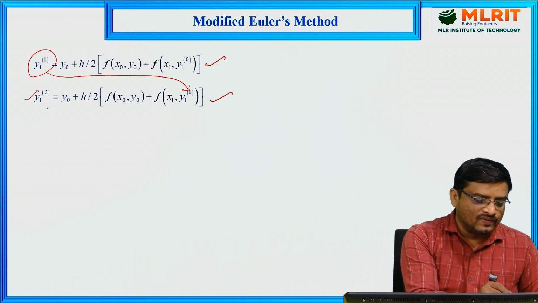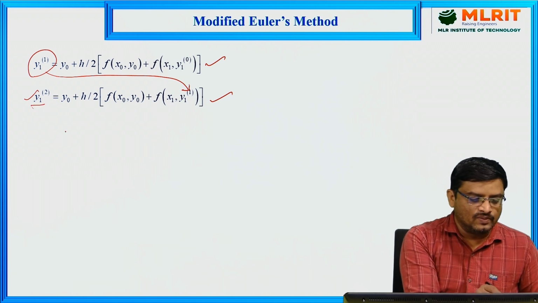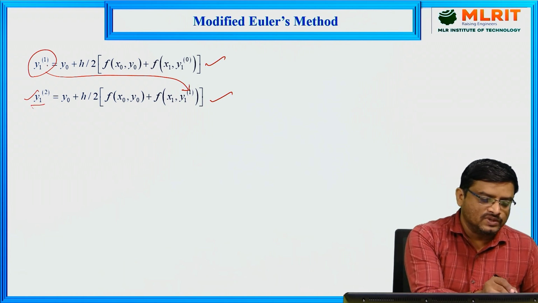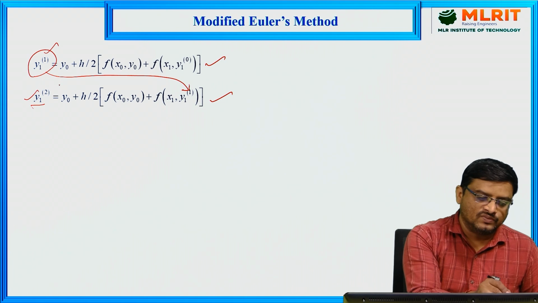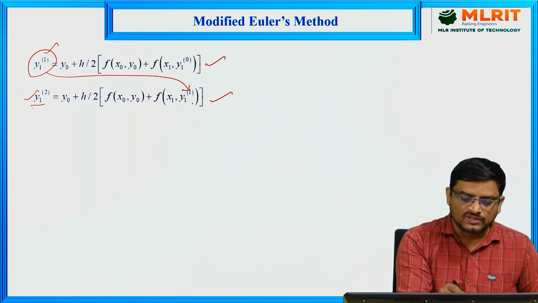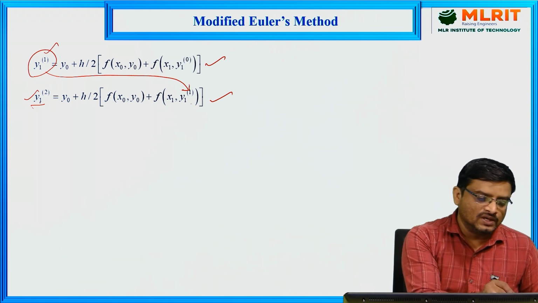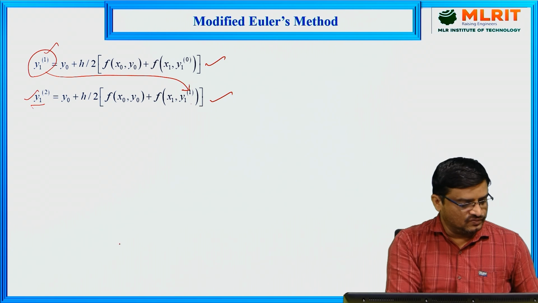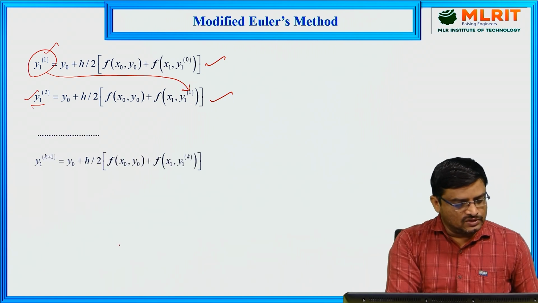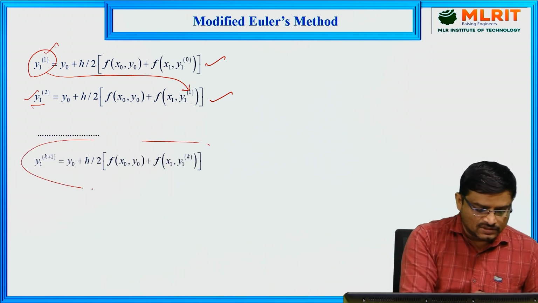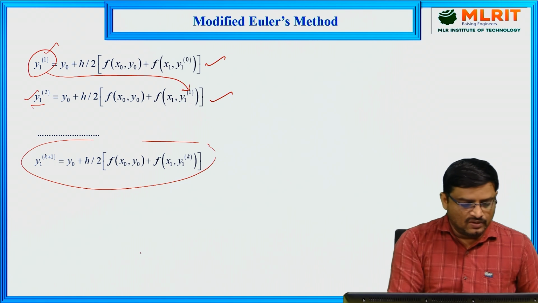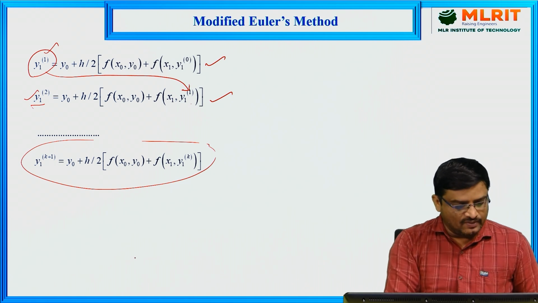Our previous approximation of y1 is the first approximation, so we have to use this first approximation of y1 to find the second approximation of y1. Similarly, this is our standard formula to find the approximations of y1.